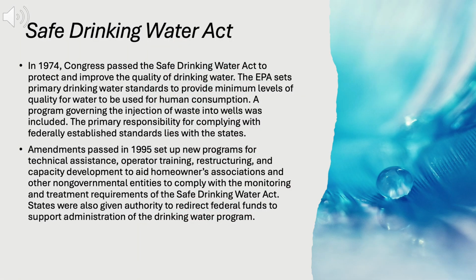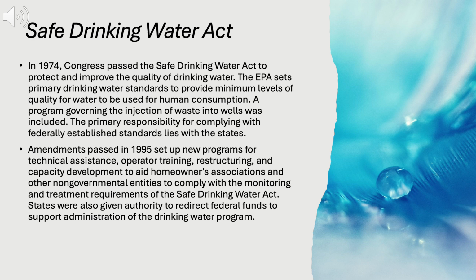Safe Drinking Water Act. In 1974, Congress passed the Safe Drinking Water Act to protect and improve the quality of drinking water. The EPA sets primary drinking water standards to provide minimum levels of quality for water to be used for human consumption. A program governing the injection of waste into wells was included. The primary responsibility for complying with federally established standards lies with the states.